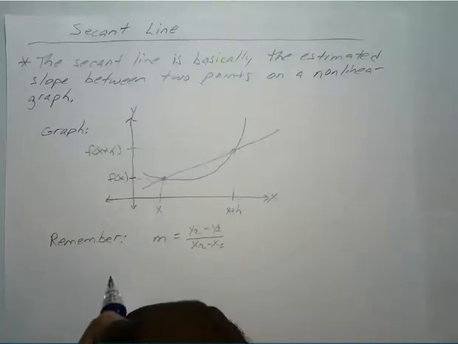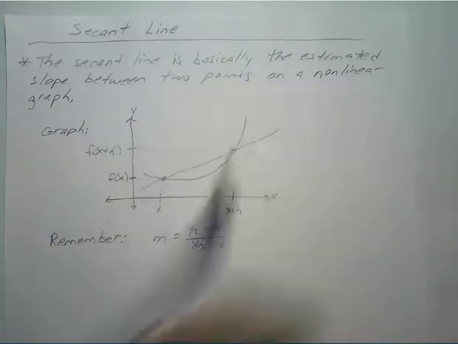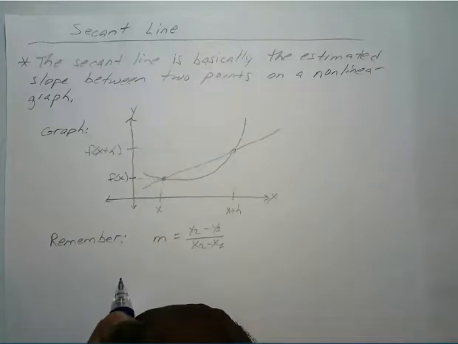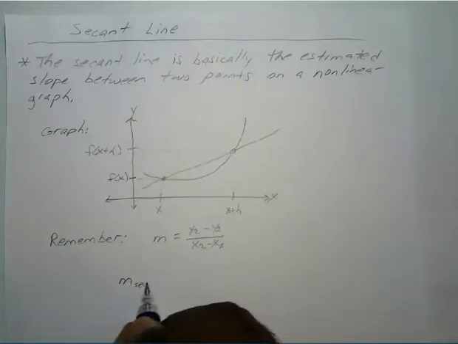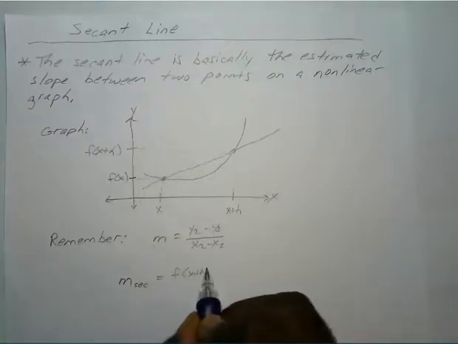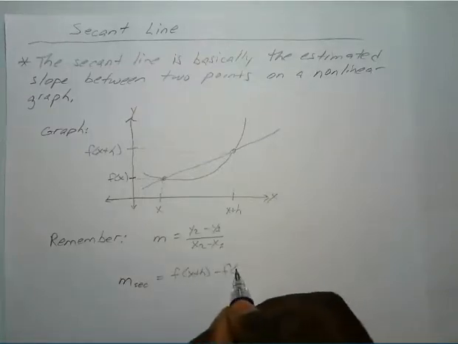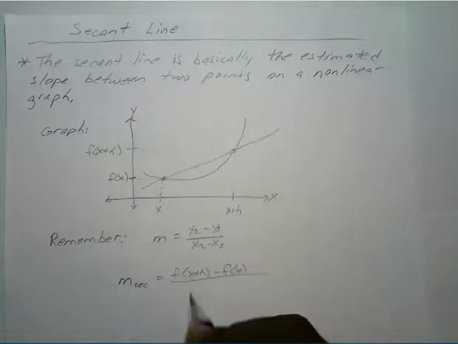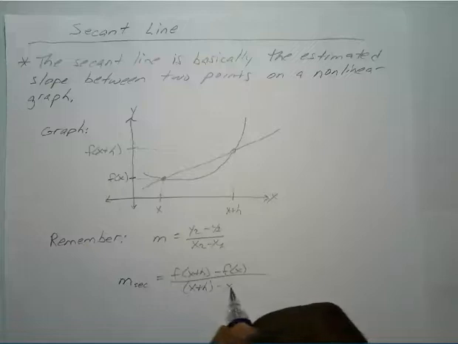But since you're looking for the secant line of a nonlinear graph, your slope of the secant is equal to f of x plus h minus f of x all over x plus h minus x.